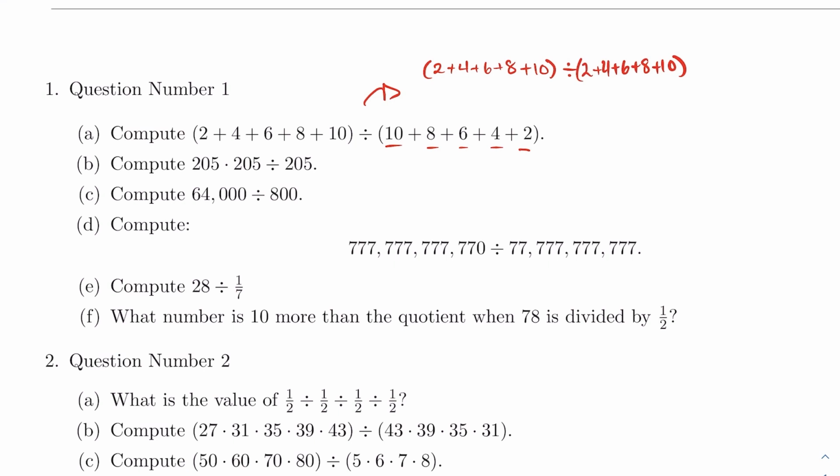So what do we get when we divide something that is exactly the same by itself? It's the same as dividing 1 into 1, which is just 1. So our answer will be 1.